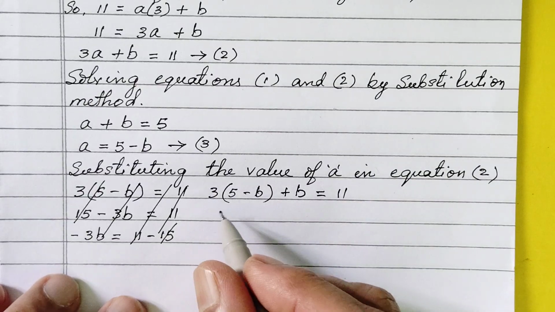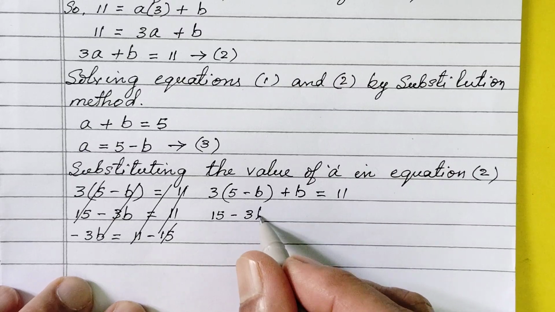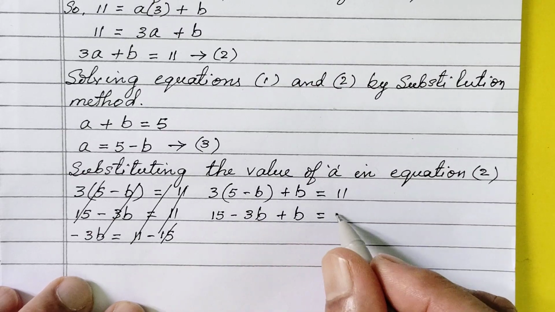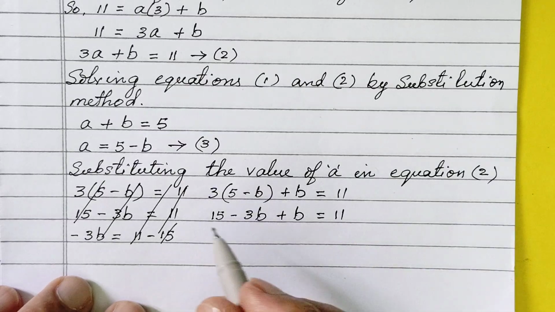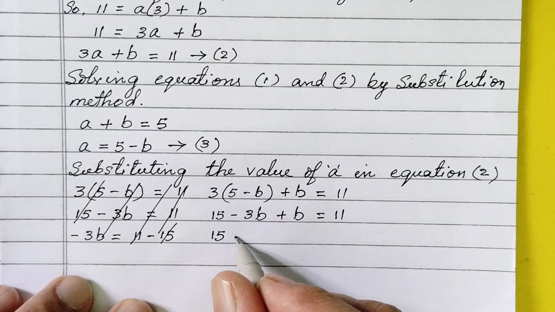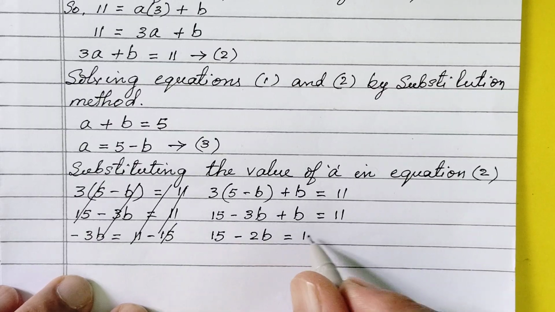So it will be 3 fives are 15 minus 3b plus b equal to 11. So 15 minus 2b is equal to 11.